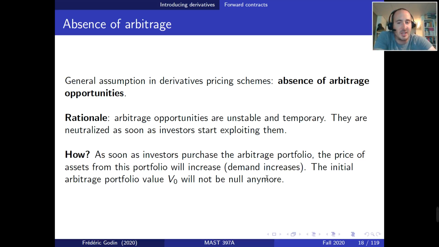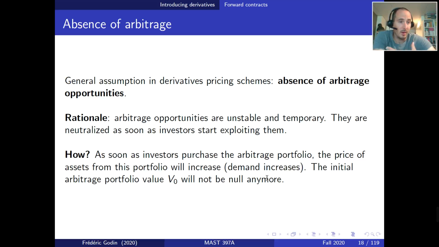The rationale is that arbitrage opportunities, if they arise in practice, are typically small, unstable, and temporary. As soon as some investors notice the potential for arbitrage opportunities, they start exploiting them, and as they do, these opportunities disappear.